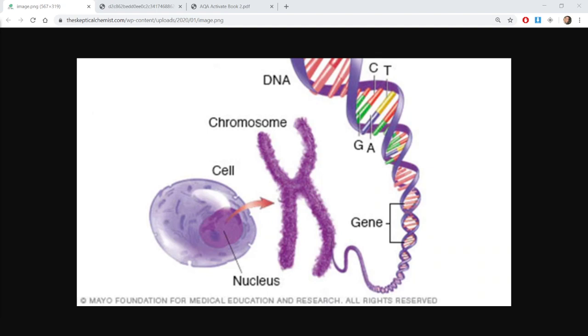So the first word that might be a little bit new to you, you might have heard it said. People often talk about chromosomes in normal conversation, perhaps not using the word exactly correctly.